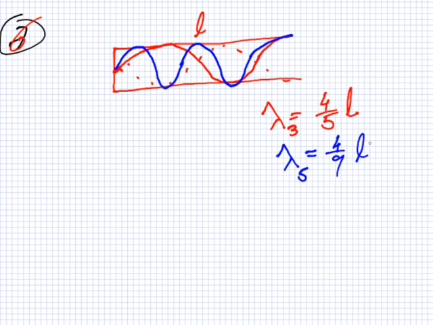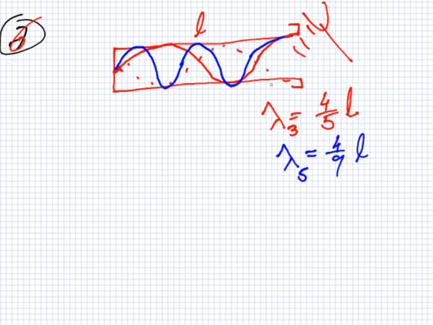Okay? Now, what they're saying in this question is, in real life, if you do this to calculate the wavelengths, it's not going to be perfect, because at the end of the pipe, you have to strike a tuning fork to make the sound.